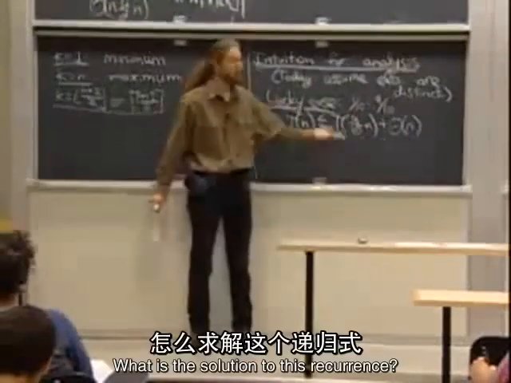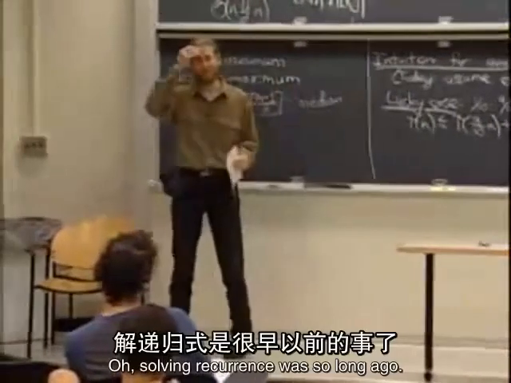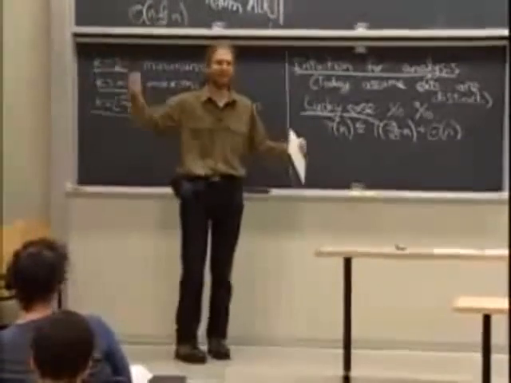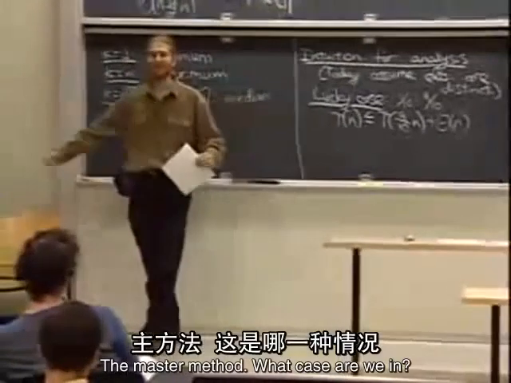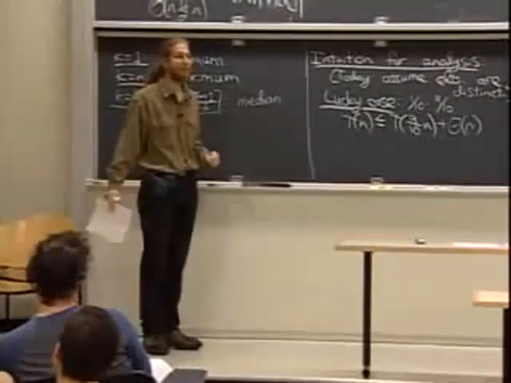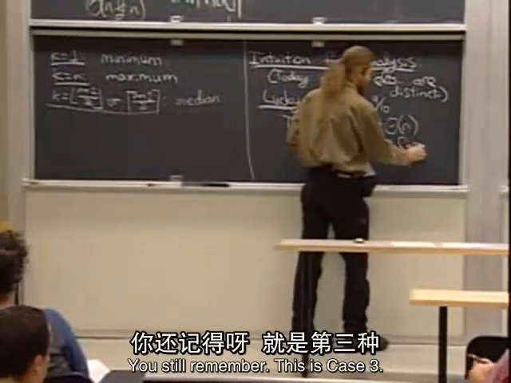Okay, what is the solution to this recurrence? Oh, solving recurrences is so long ago. What method should we use for solving this recurrence? The master method. What case are we in? 3. Good. Still remember. This is case 3.